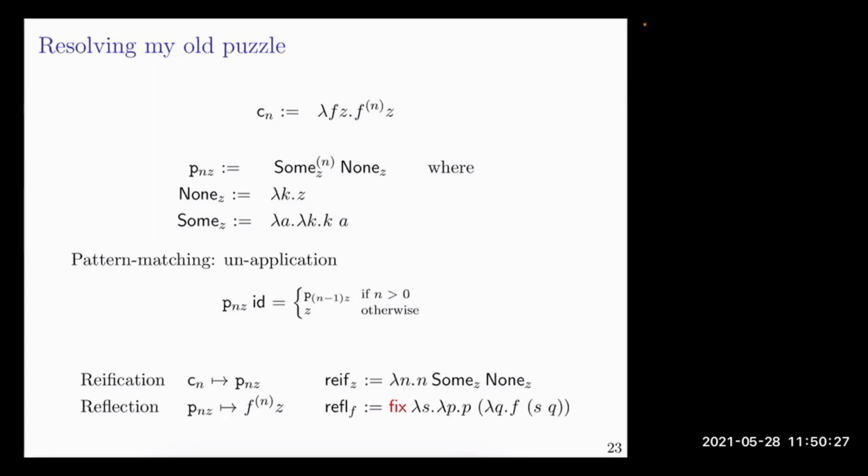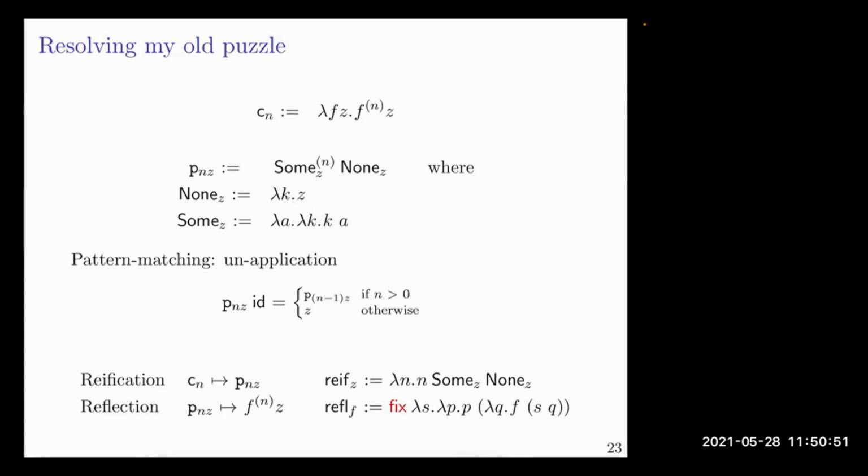So these P_n z and C_n are kind of isomorphic to Church numerals. If we have a Church numeral, we can convert it to P_n z, and this can be called reification, and here is the term which does this.